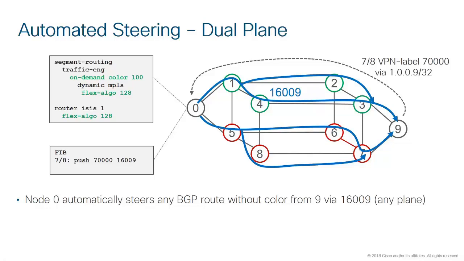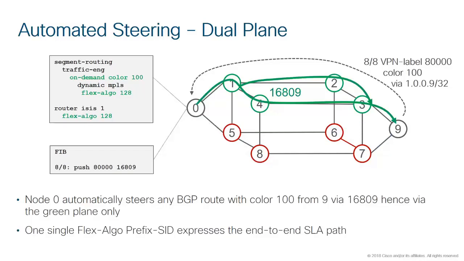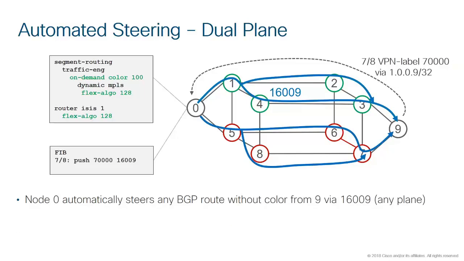So now you have 2 VPN routes that are being sent by the same 9 to the PE 0. You see that one is automatically steered on the shortest path inside only the green plane, while the second one is automatically steered on a shortest path ECMP aware across all of the planes. That's automated steering. You color your route, and then the routers do the automated steering.